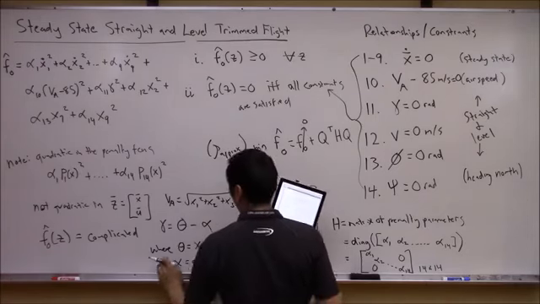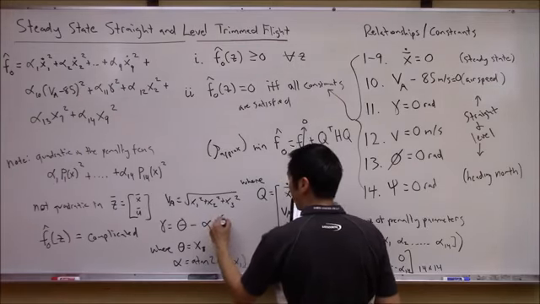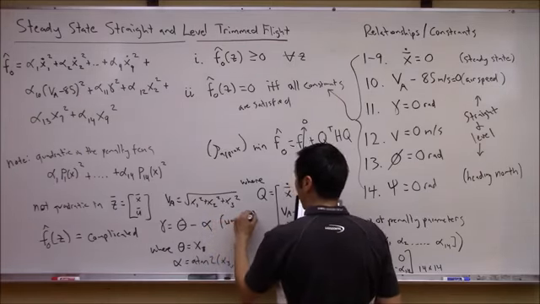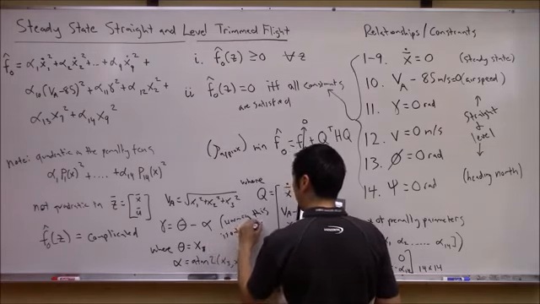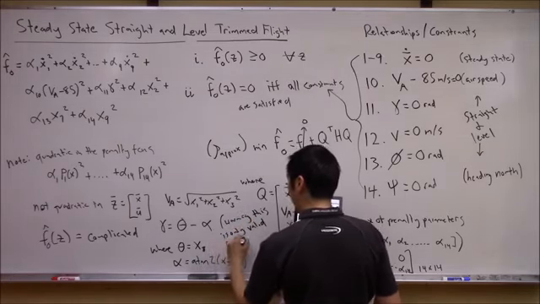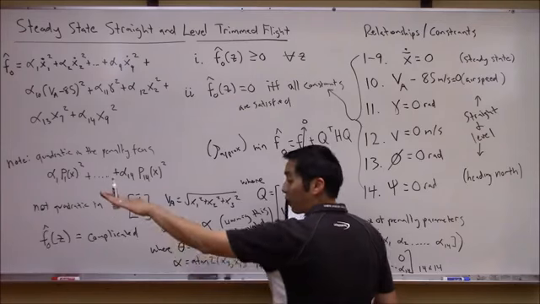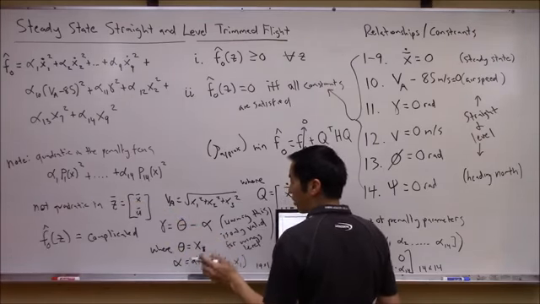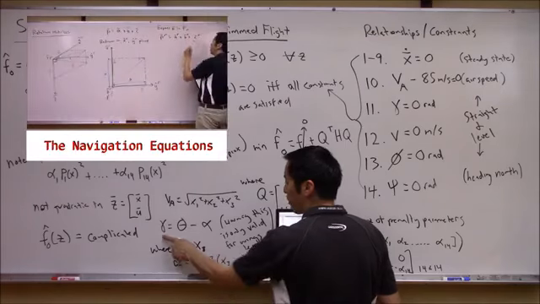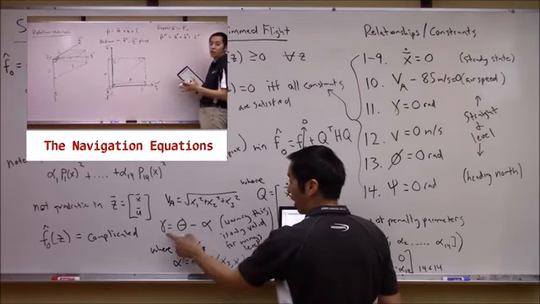Now, let's put a little asterisk here with a warning: this is only valid for wings level. So if your bank angle is 0, this is a good formulation for the flight path angle of the center of gravity of the vehicle. Later down the road, when we study navigation equations, we'll come up with a much more robust expression for gamma.